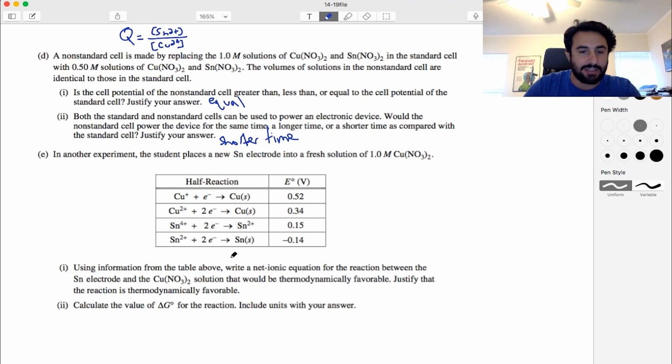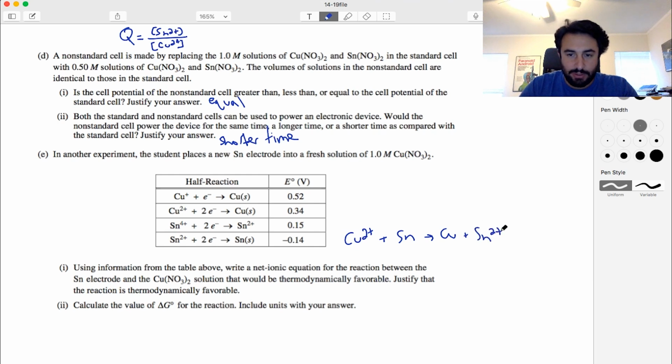We're just saying that copper 2 plus is reacting with neutral tin to produce neutral copper and tin 2 plus, right? And this is aqueous, this is solid, this is solid, this is aqueous, right? We do want to include those. So this is just what's happening, right? Copper 2 plus is taking 2 electrons from tin to produce neutral copper and tin 2 plus ions, right?